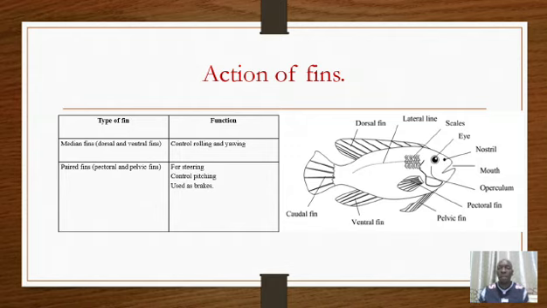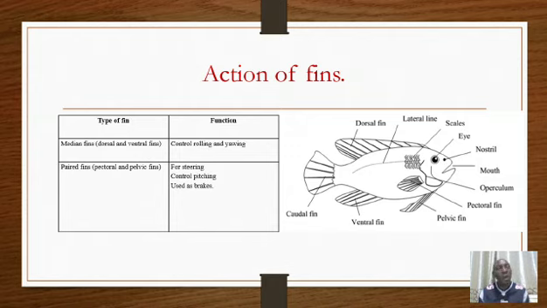For the fins, we said that they are categorized into two. We have what we call the median fins. Those are the dorsal and the ventral. Just like we can see from our visual, we can see the dorsal fins up and the ventral fins down. Those are the median fins.